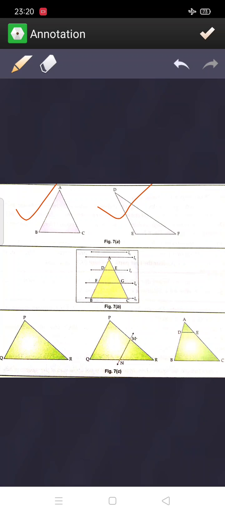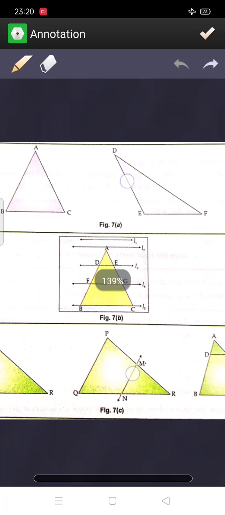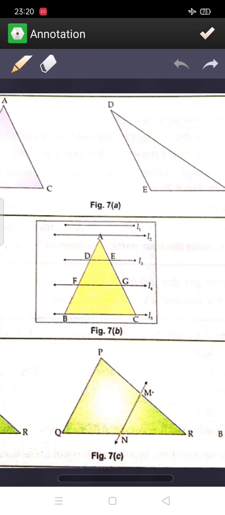Then they have drawn certain line segments, which you can see here very well. See, figure 7B. You are also going to randomly draw the lines: L1, L2, L3, L4. L5 is the base only. Now, what should we get?